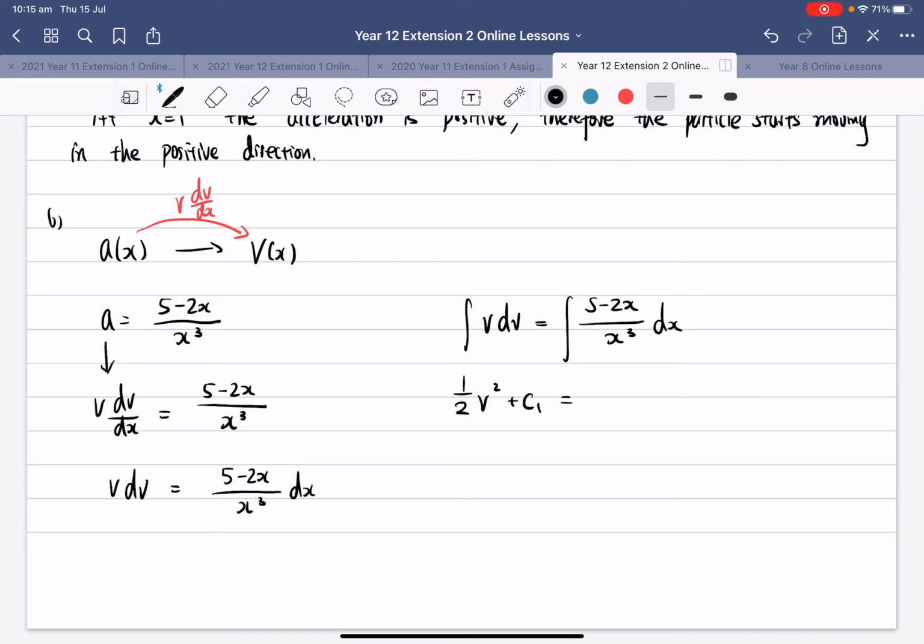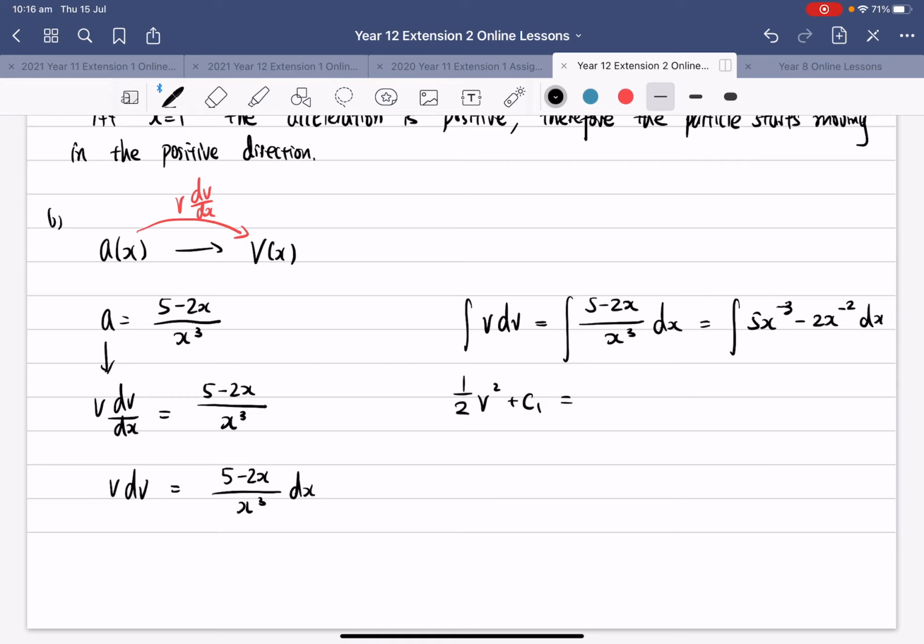Now for this one here, in order for you to integrate it, just break that into two parts, like two fractions, before you integrate it. So imagine that is equal to integrate 5x to the power of minus 3 minus 2x to the power of minus 2 dx. It's like this, all right? And then you integrate according to that.